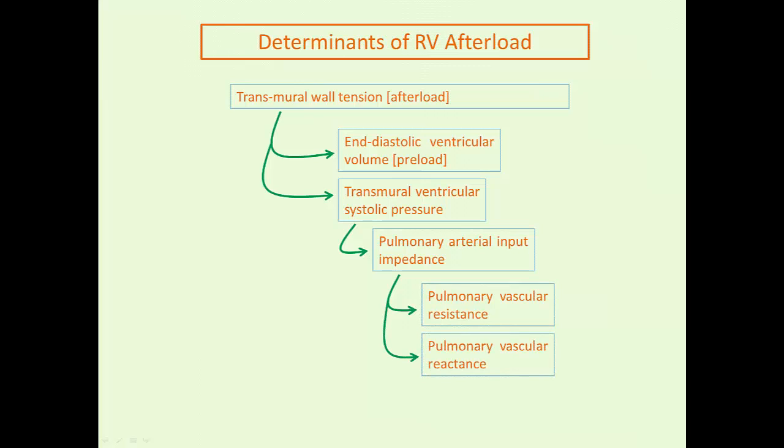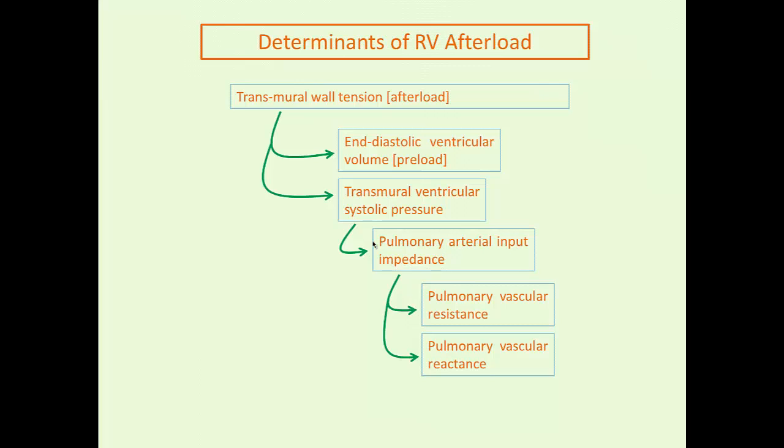Resistance and reactance, I just talked about it. So again, these are components of the pulmonary arterial input impedance, and this is really a characteristic of the entirety of the pulmonary vascular tree.